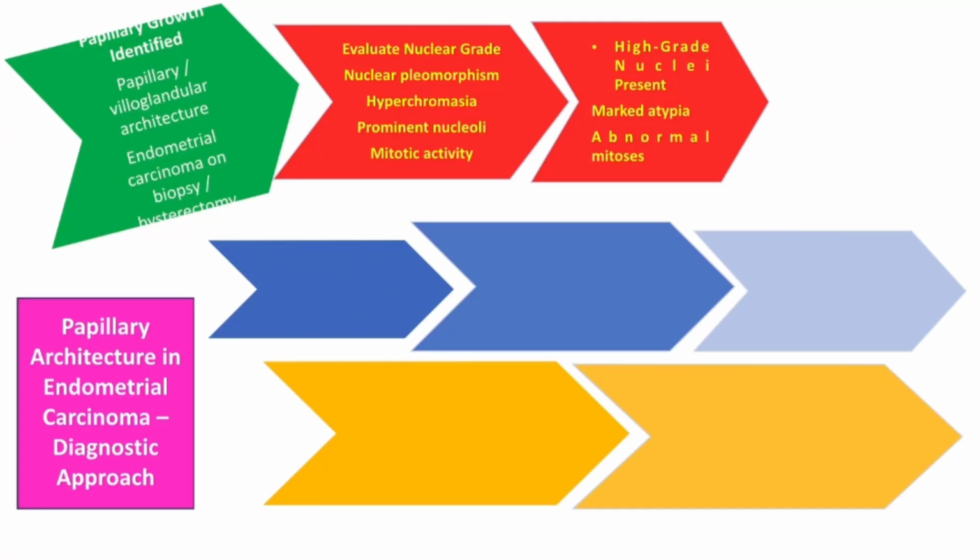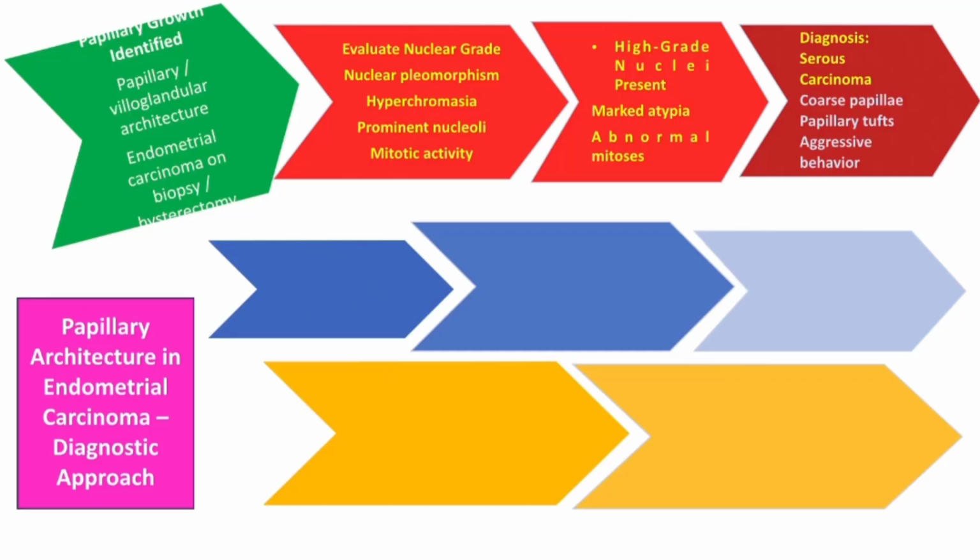We have to evaluate nuclear grade, pleomorphism, hyperchromasia, prominent nucleoli, and mitotic activity. If high grade nuclei, marked nuclear atypia, or abnormal mitosis are present, then one and only it is serous carcinoma, generally having papillary tufts with coarse and thickened fibrovascular core and aggressive behavior.